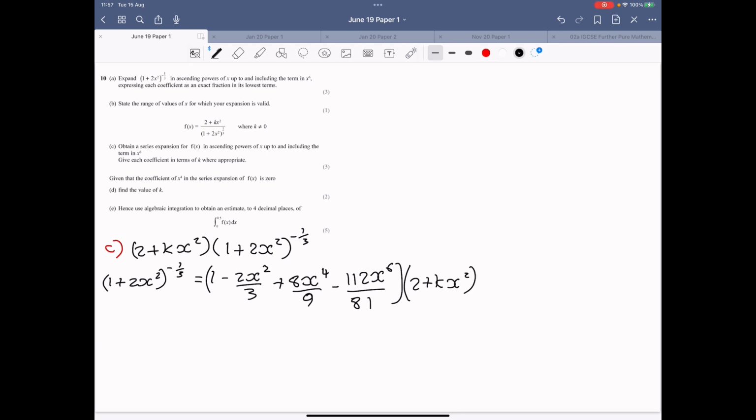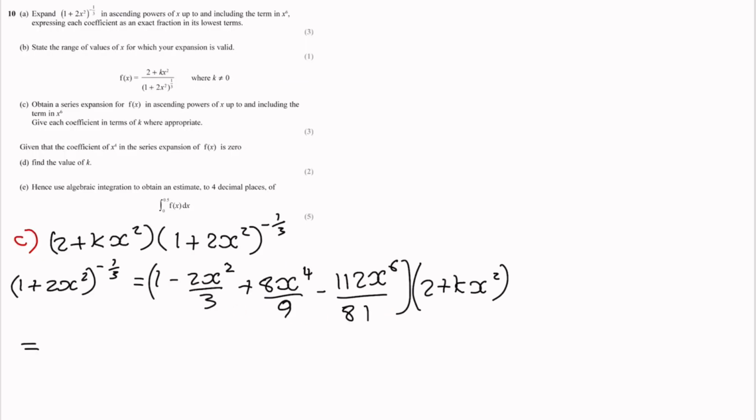So starting by multiplying each of these terms by 2: 2 minus 4x squared over 3 plus 16x to the power 4 over 9, subtract 224 x to the power 6 over 81.